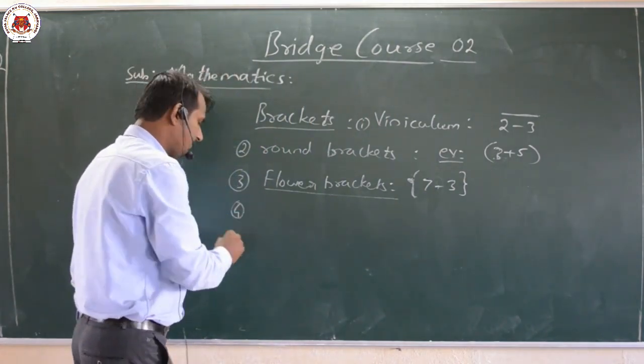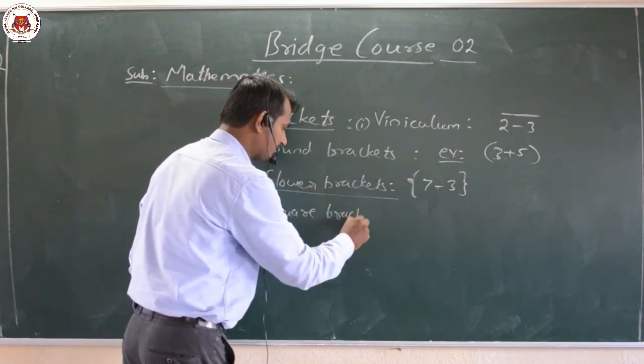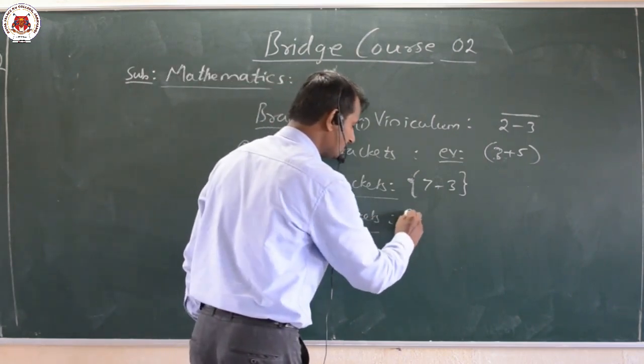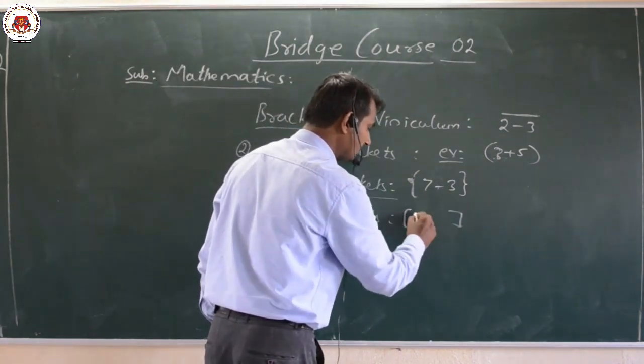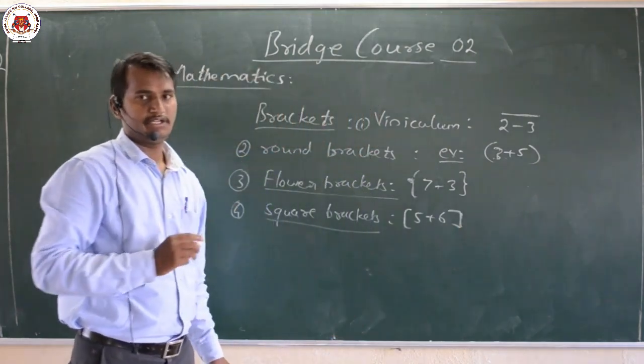And at last the fourth one, the square brackets. We denote it in this format, that is 5 plus 6 in square brackets.